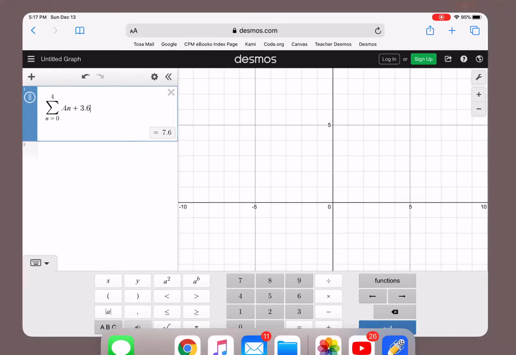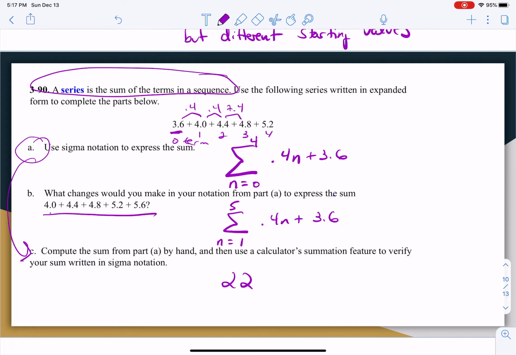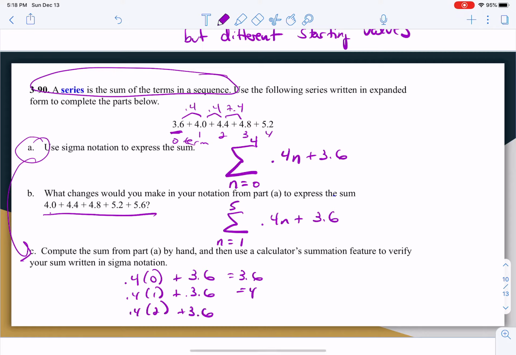Let's go back and do it by hand. So if I have 0.4 times 0 plus 3.6, 0.4 times 1 plus 3.6, 0.4 times 2 plus 3.6, 0.4 times 3 plus 3.6, and 0.4 times 4 plus 3.6.